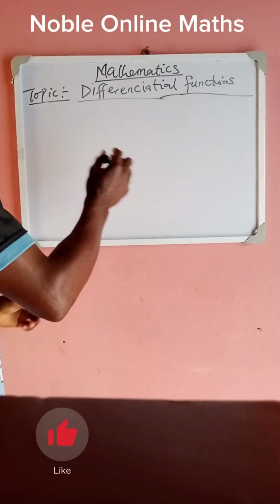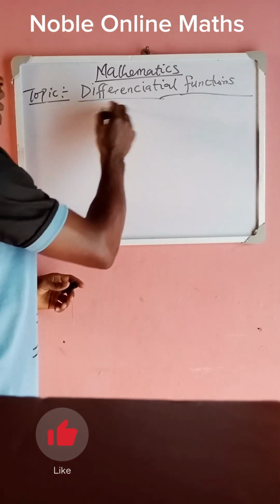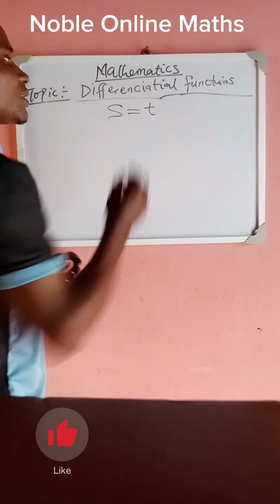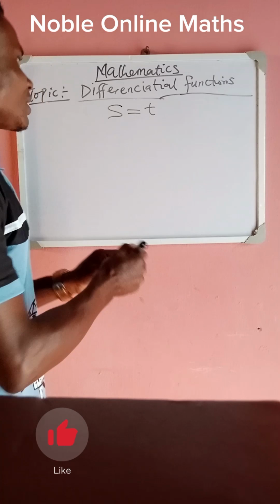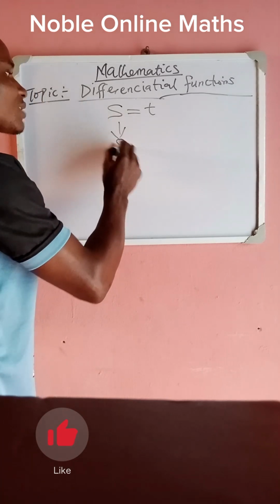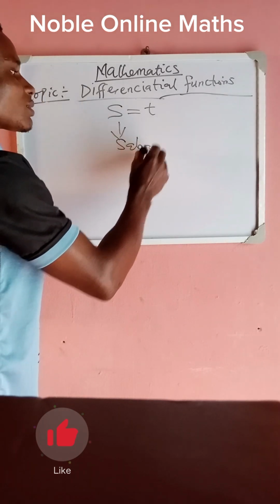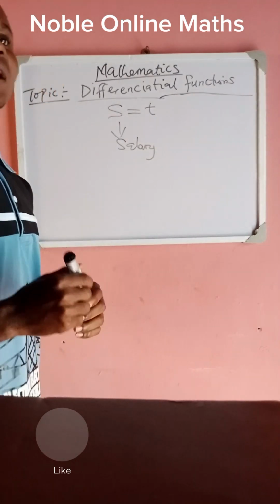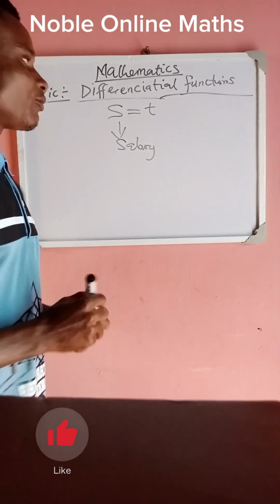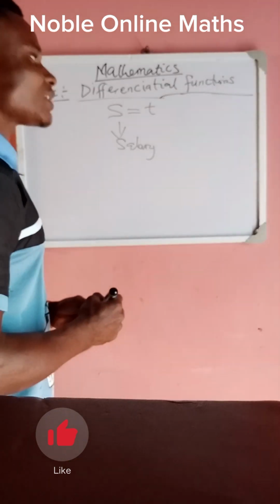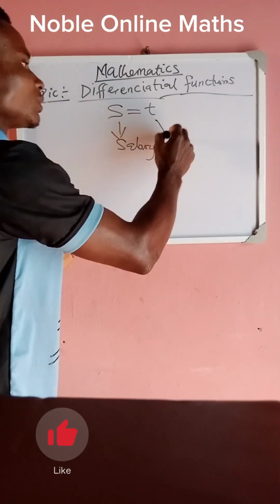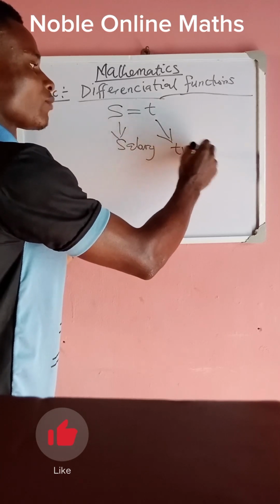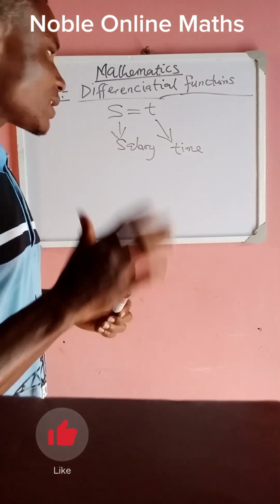Let's use an example: S is equal to a function of T. Let's say that S is equal to the salary paid per month. This salary takes 1 month to be paid, and the 1 month that it takes is what we call T, which is the time, the time taken to pay that month.